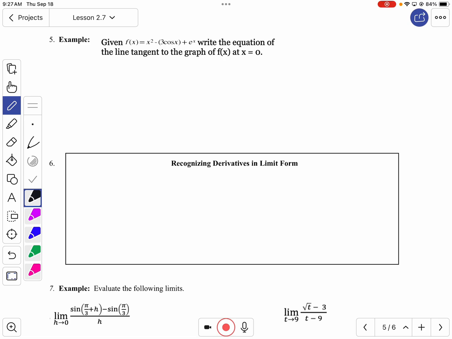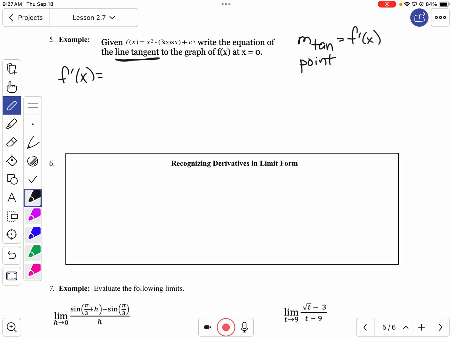All right, if we're going to write the equation of a tangent line, what are some things that we need? We need a point and a slope. We need the slope of the tangent, which is the derivative, and we need a point. Anytime we write an equation of a line, we need a slope and a point. So let's start by taking the derivative, f prime of x.